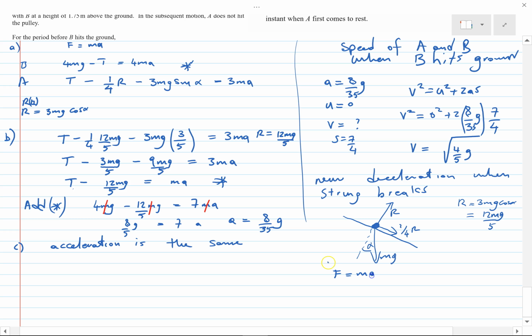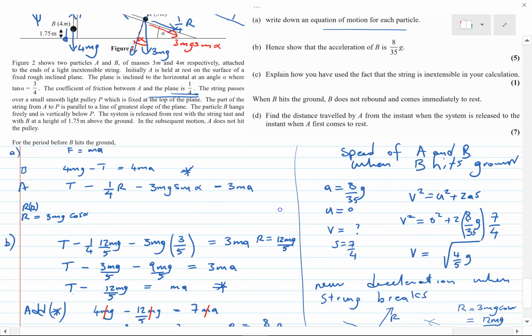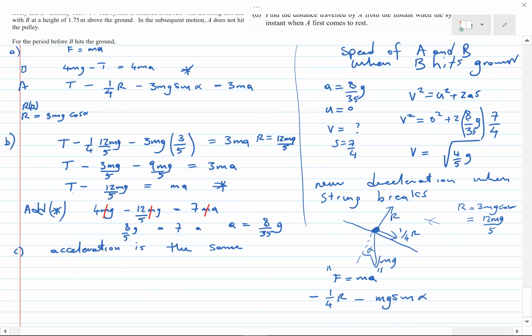So F equals ma. So that gives us the friction, because of course it's moving in this direction, so minus 1/4 R is the friction, but we know that R is 12mg/5. Take away the component of the weight, which is equal to mg sine alpha, is equal to ma, but of course we've got a 3 here, because it's 3mg here.